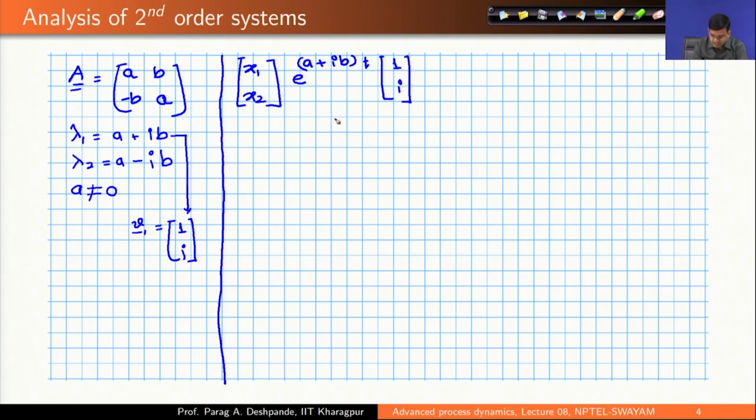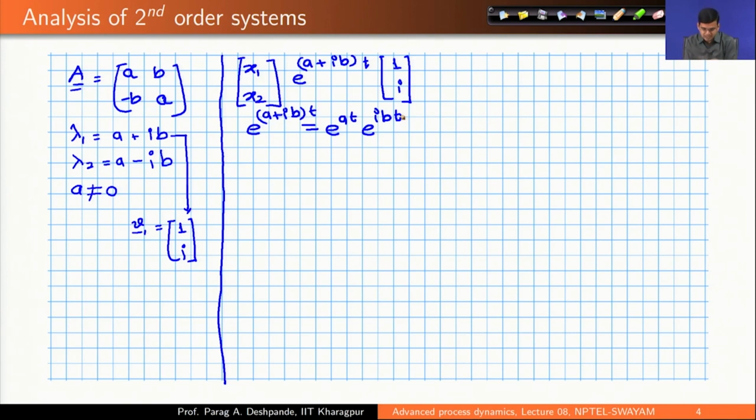So, I will write this as e to the power (a plus i b) multiplied by t is equal to e to the power a t multiplied by e to the power i b t, right.